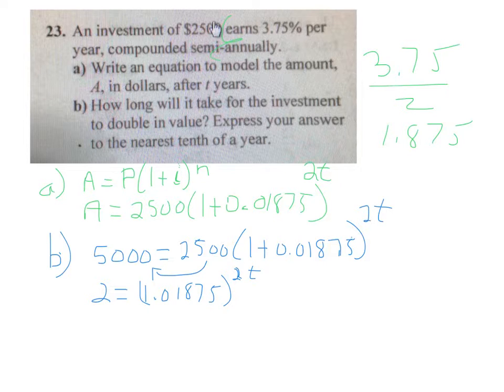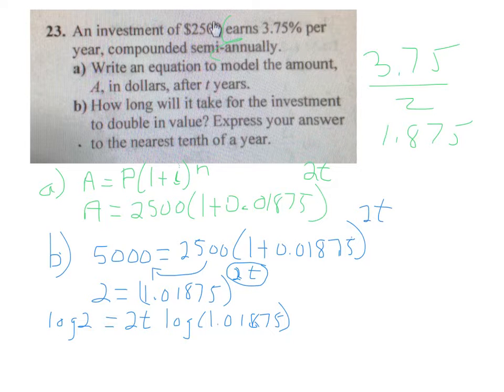So now we're trying to solve for an exponent, and that's where logs come in. So I want to take the logs of both sides. So if I take log of 2 on the left side, then the way I take a log of the right-hand side is I bring the exponent down in front, so I have 2t log 1.01875, like that.